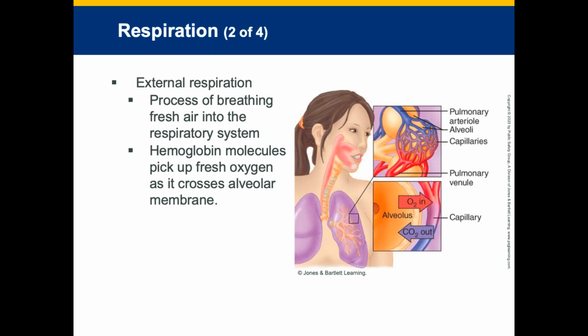So good stuff in, bad stuff out. Adequate ventilation does not guarantee external respiration, though, okay? The hemoglobin molecules pick up fresh oxygen as it crosses the alveolar membrane, right? Just because you're breathing does not mean that we're oxygenating.